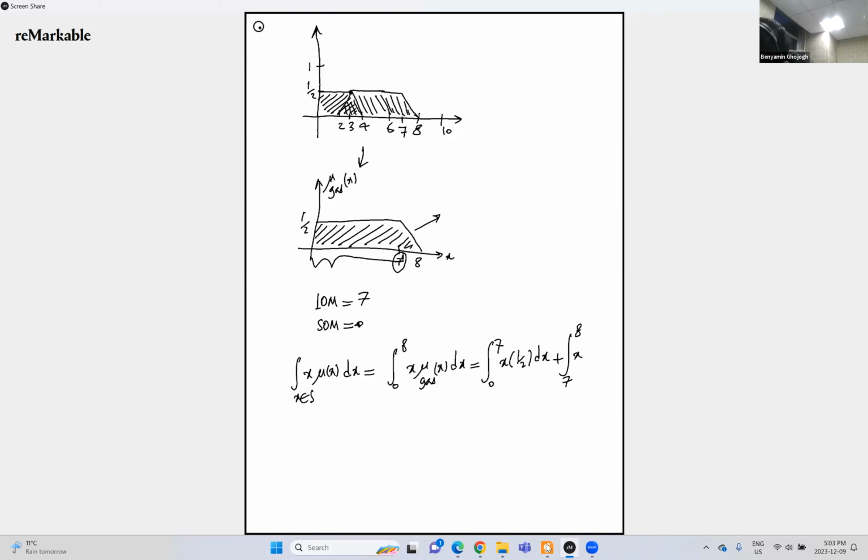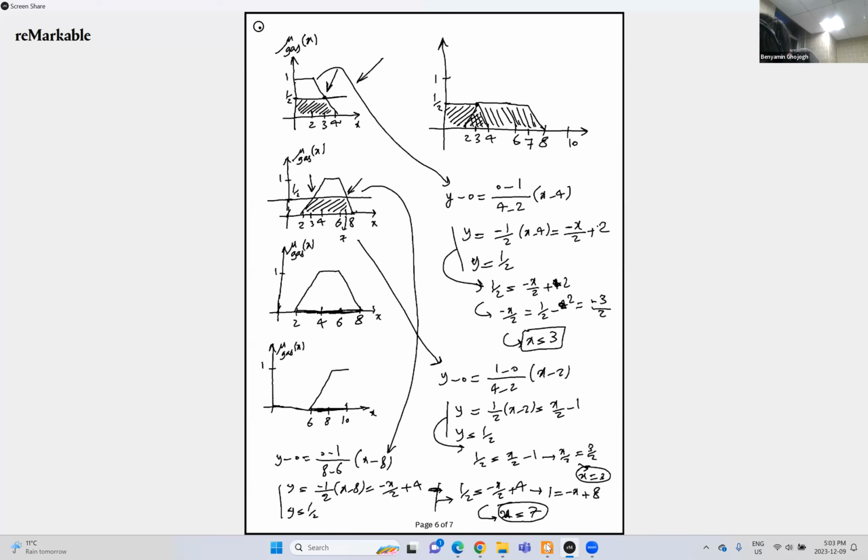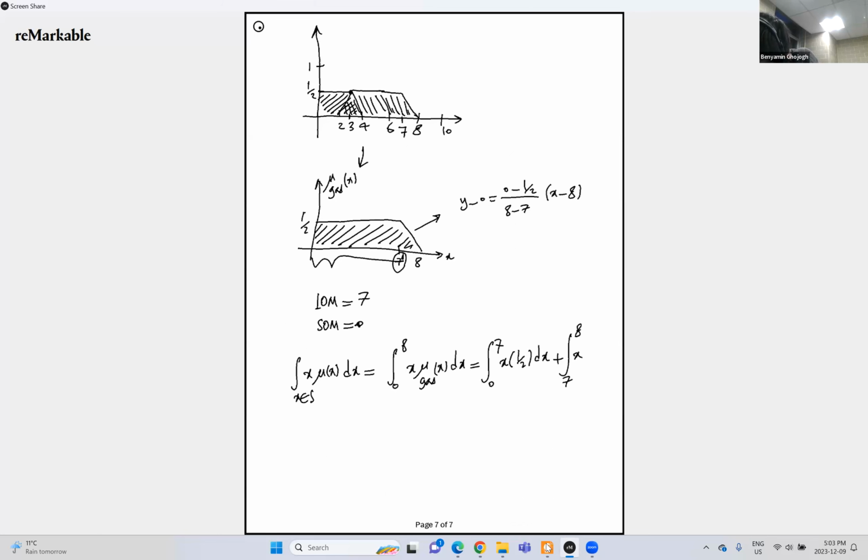Let's calculate it. y minus 0, x minus 8, right? Be careful that this is half, not 1, right?